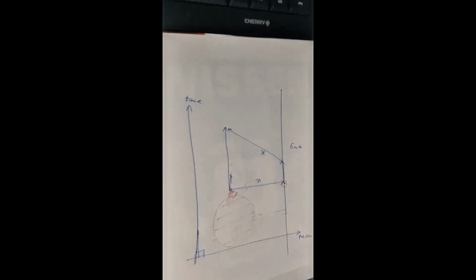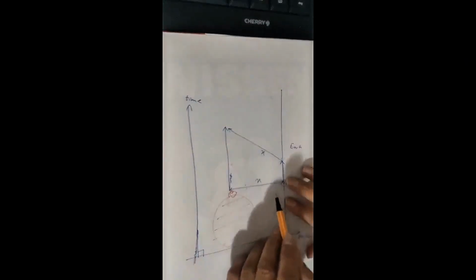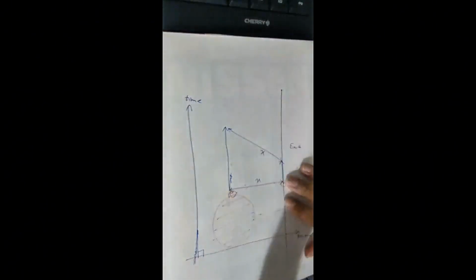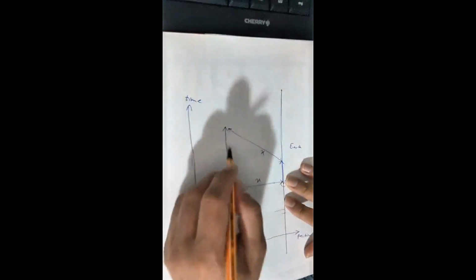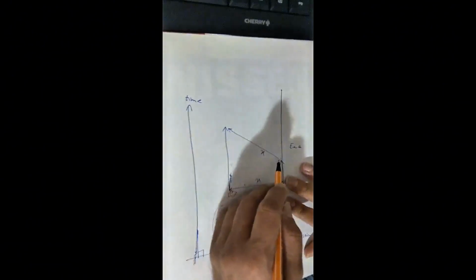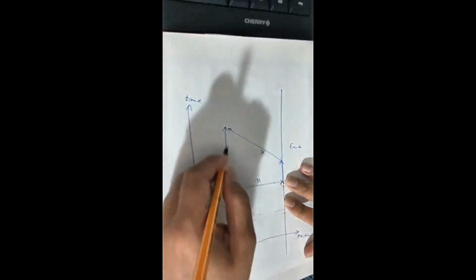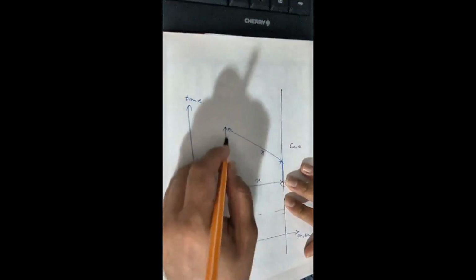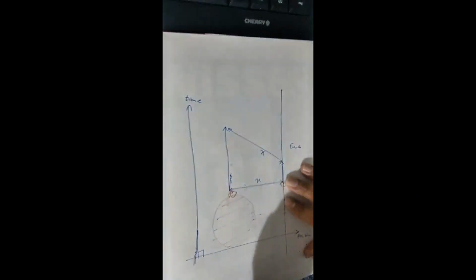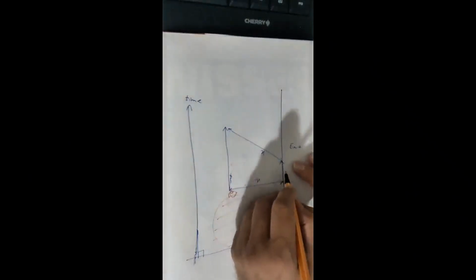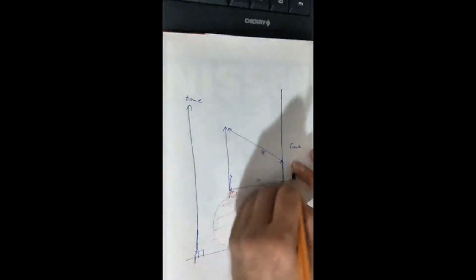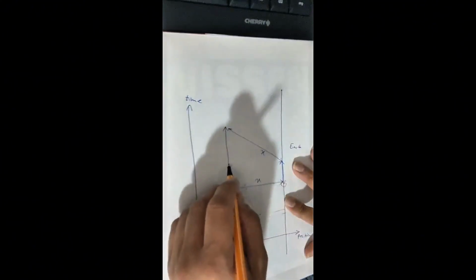It has huge formulas behind it in the general theory of relativity. But the only way, very simplified, that this distance remains constant is what? This should bend. So the time bends. This also bends actually. But still this bends.